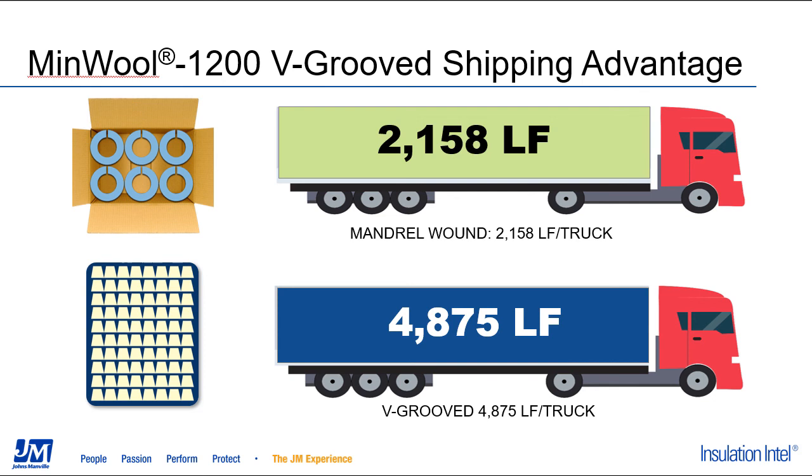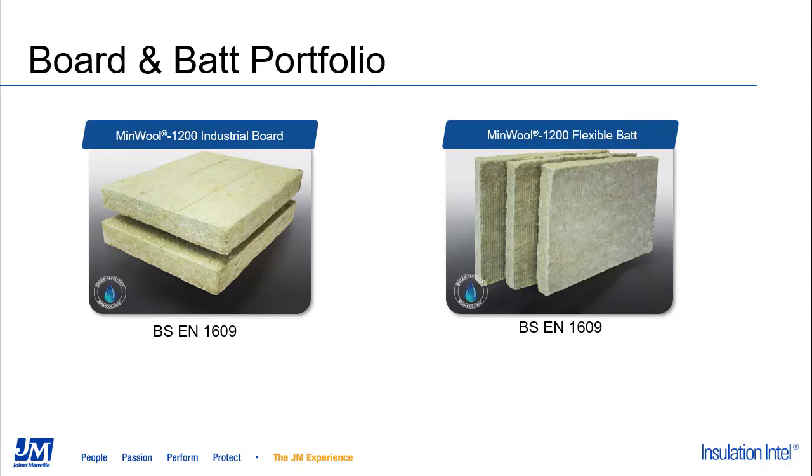And from a shipping perspective, looking at the same configuration, shipping in molded pipe format versus V-Groove, you can get over twice as much material on a truck looking at the V-Groove configuration as you can the molded. So huge benefit there because you'll be paying a lot less in transportation costs.